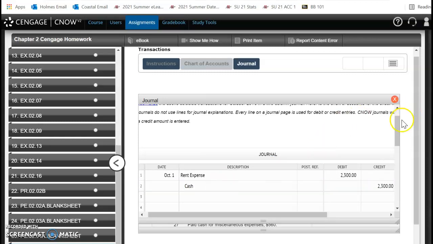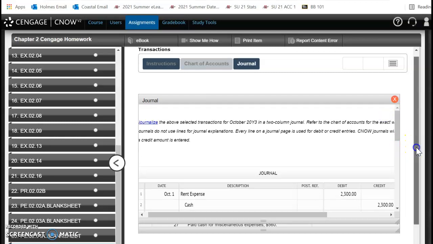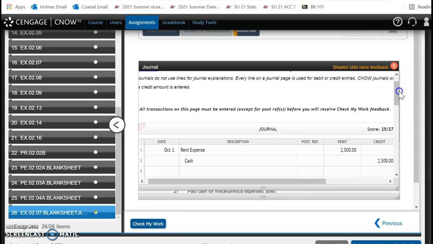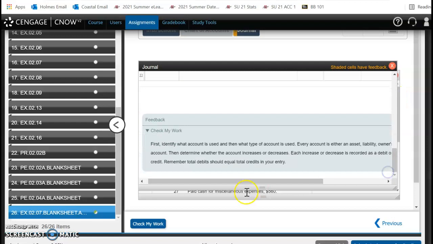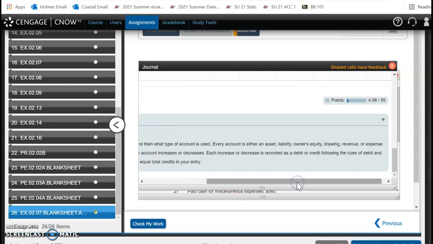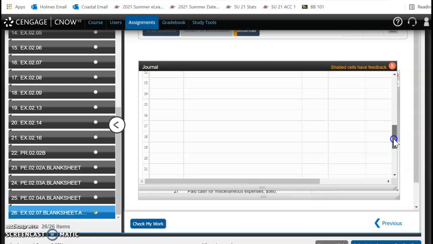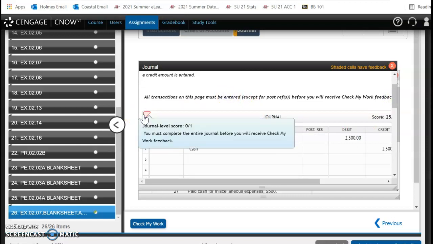Okay, and I believe, let's see here. Okay, so it says to go ahead and enter all transactions, but I think that that one is right.